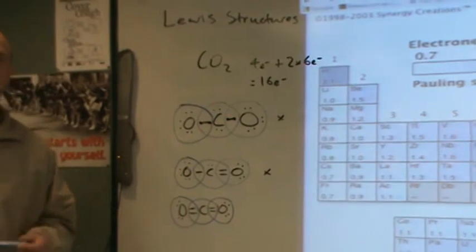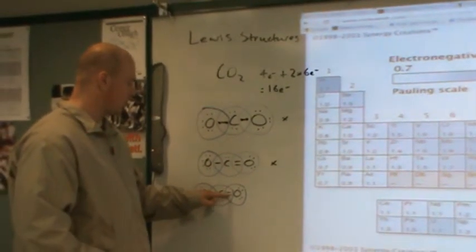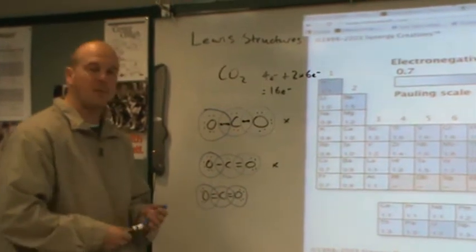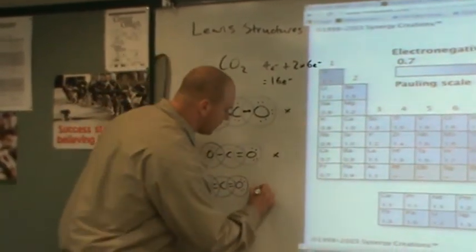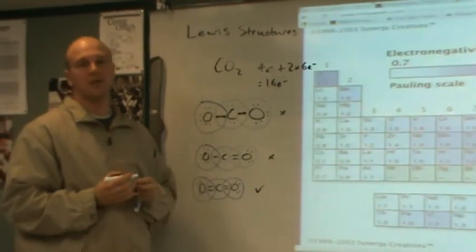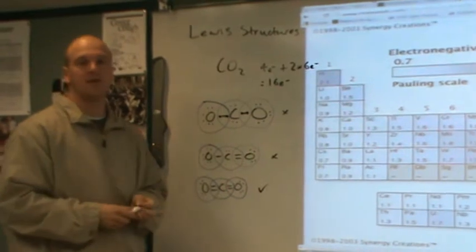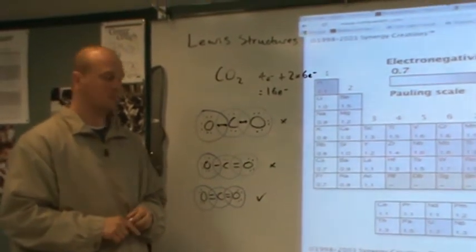So then we go through and add the total number of electrons, which is 2, 4, 6, 8, 10, 12, 14, 16. And so that is the correct number of electrons. Those 16 electrons match the valence electrons. So we know that this must be the structure for CO2.